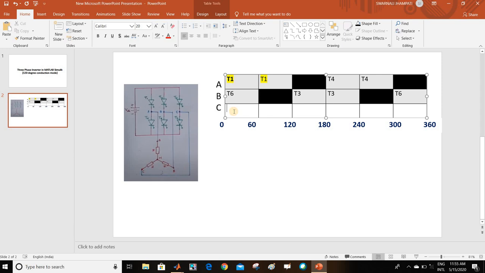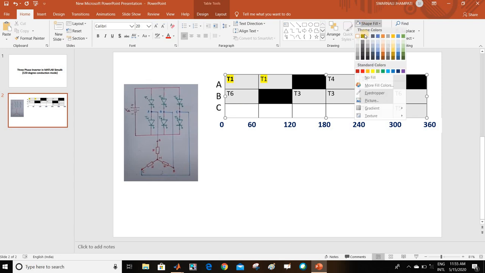Next coming to phase C. In phase C, T5 and T2 are there. Phase A, phase B, and phase C are 120 degrees apart from each other. That means if phase A T1 starts at 0, T3 will start at 0 plus 120, that is 120. Then with another 120 degree phase shift, T5 will start at 120 plus 120, that is 240 degrees. So T5 will be triggered at 240 and it will conduct for a period of 120 degrees.